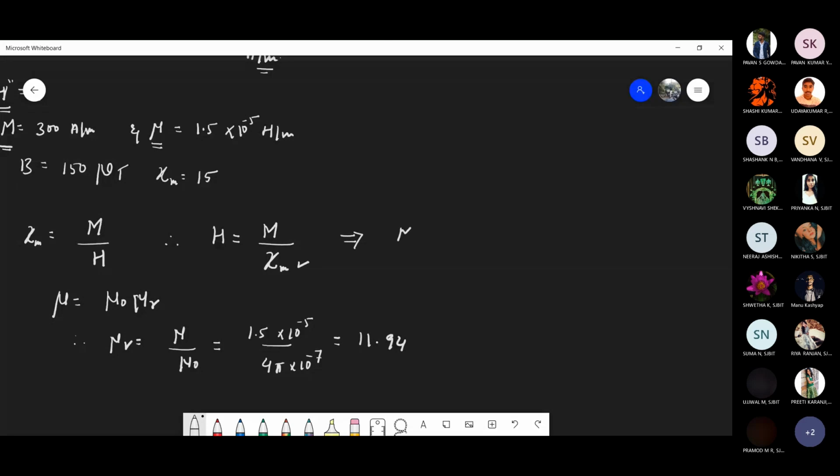This implies M is equal to H psi m, where psi m is equal to mu r minus 1. Therefore, H is equal to M over mu r minus 1, and directly substitute it here.